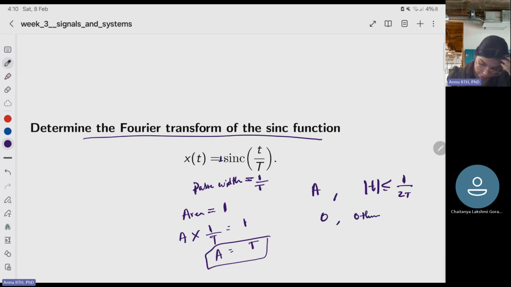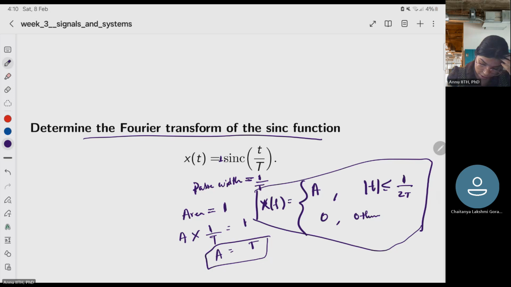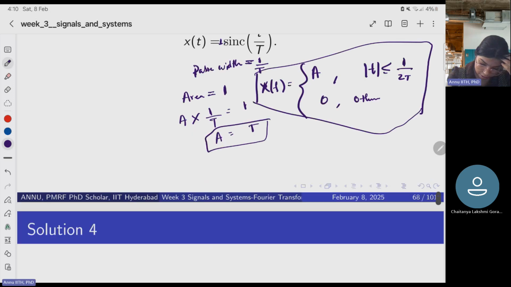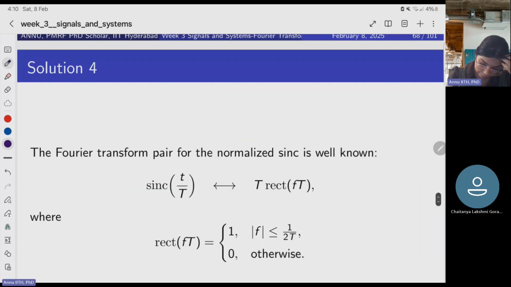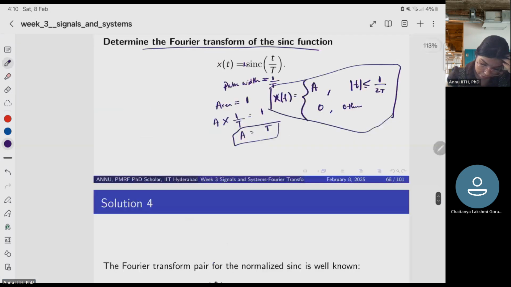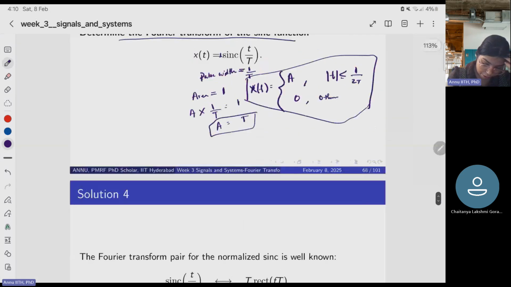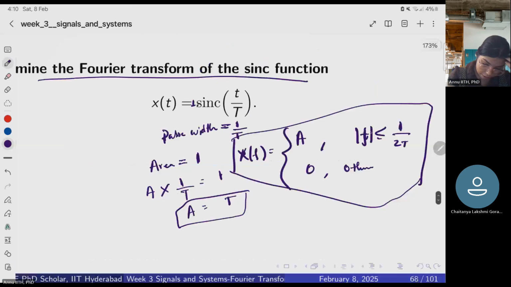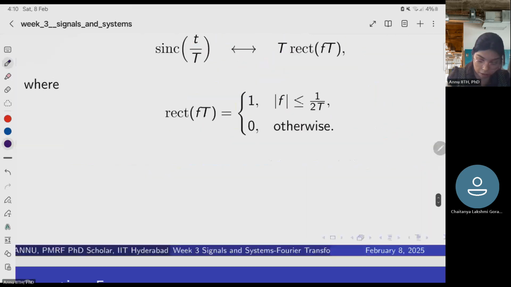Otherwise, so X of f, isn't it? This is f, right? Same. Transform pair, also called dualities.